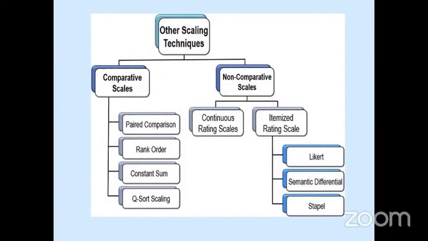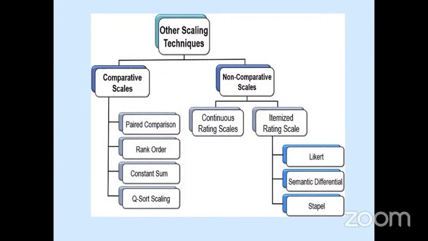Then we have the semantic differential scale, which is a bipolar 7-point non-comparative rating scale in which the respondent can mark any of the 7 points for each given attribute of the object as per their personal choice, thus depicting the respondent's attitude or perception towards the object.